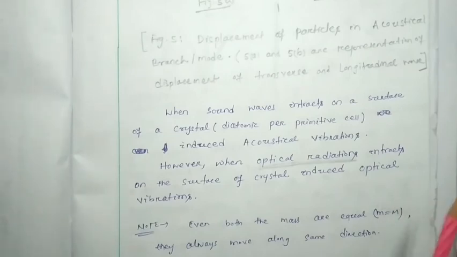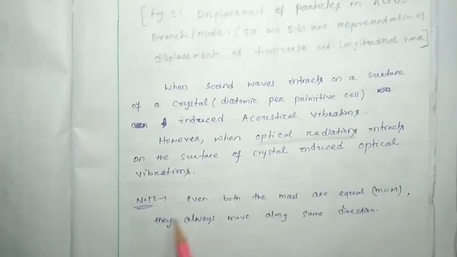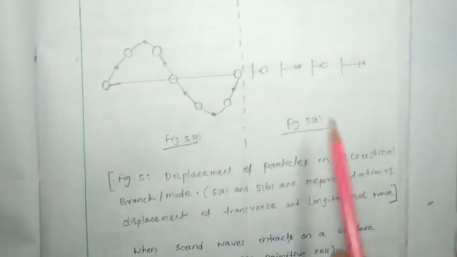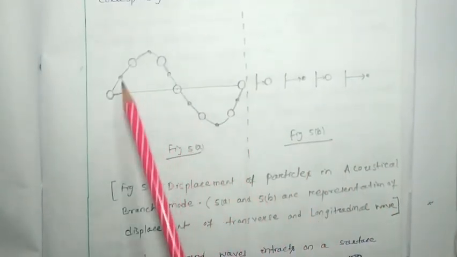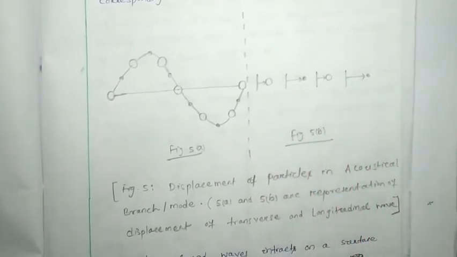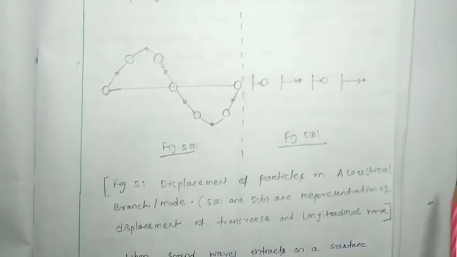Okay, so here you can see I have written, even if both the masses are equal, they always move along the same direction with the same amplitude, right? So if we consider both the masses the same, they are going to move along the same direction and with the same amplitude.